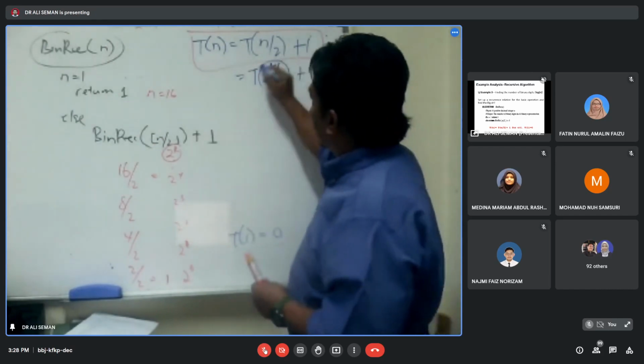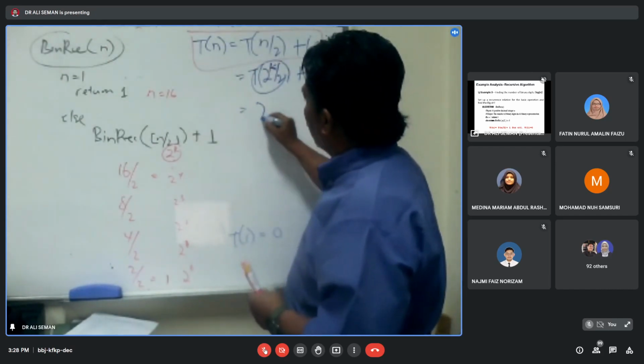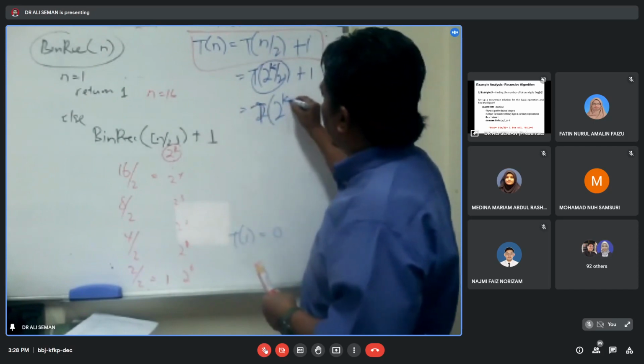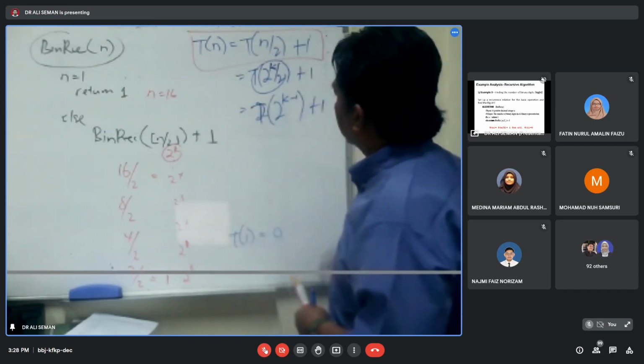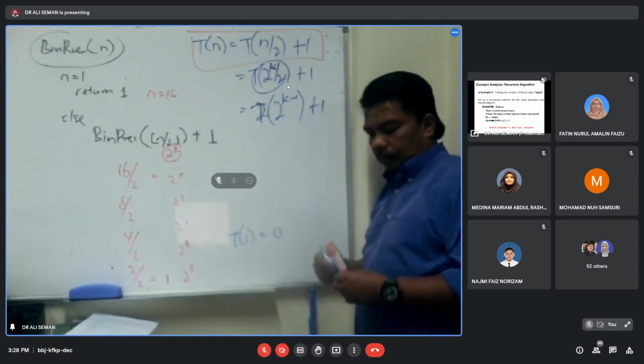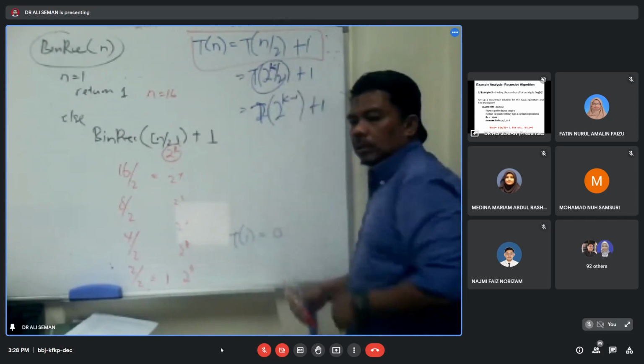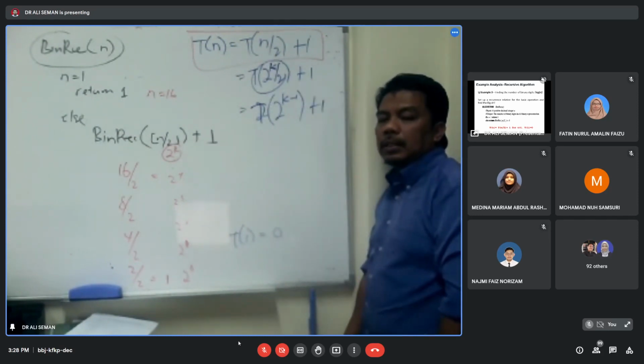So we can change this to T(2 power of k minus 1) plus 1. Is it similar to 2 power of k over 2? Is it similar?